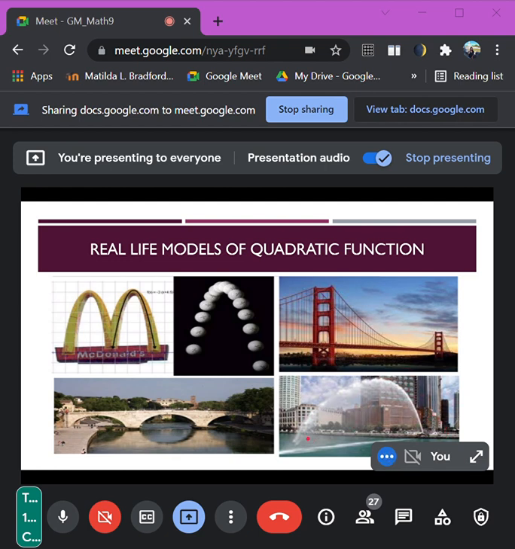These are some that we can see, or that we know, where quadratic functions are used in making them. So engineers are using quadratic functions for this. Okay? And there are probably more that we can identify. So, any questions for real life models of quadratic function?